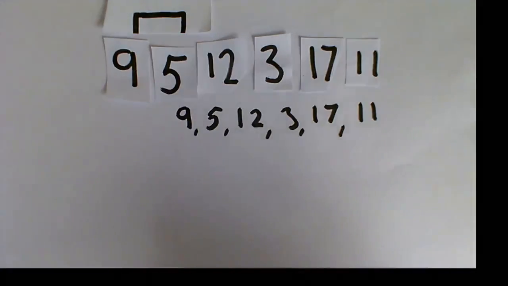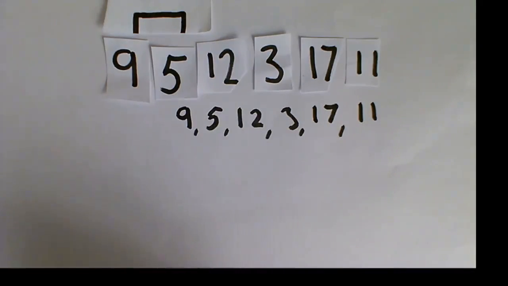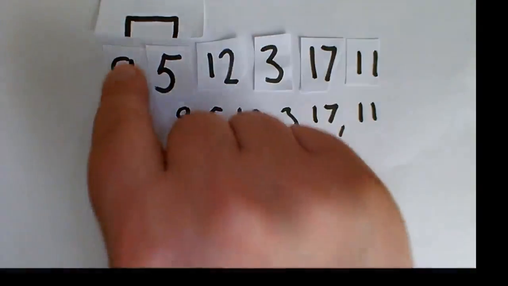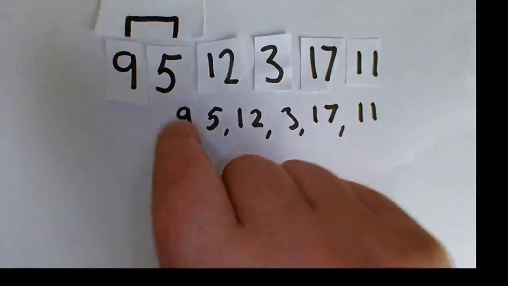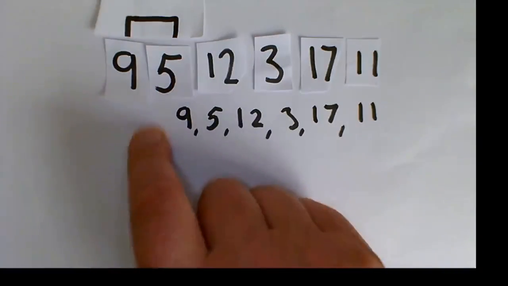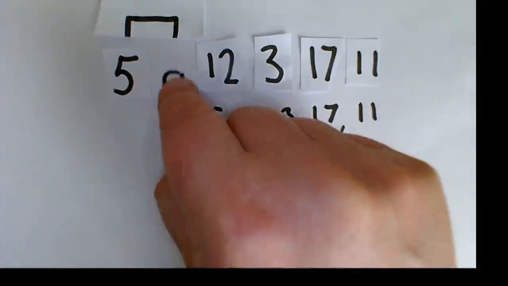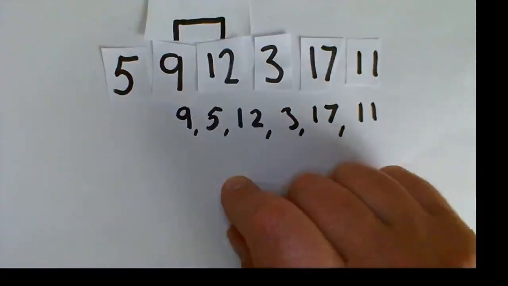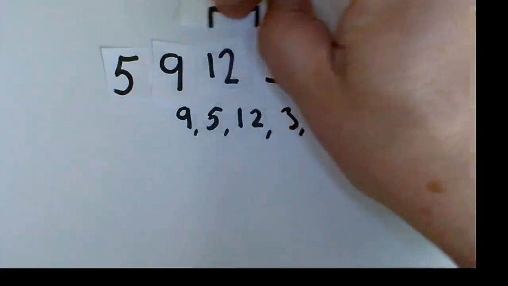Okay, let's go through it. We're going to do what we call the first pass. We're going to compare the first two numbers and say, are they in the correct order if we're going from lowest to highest, in other words, in ascending order. They're in the wrong order, we need to swap. Then move along just one, please. That's in the correct order, don't swap. Move along one.